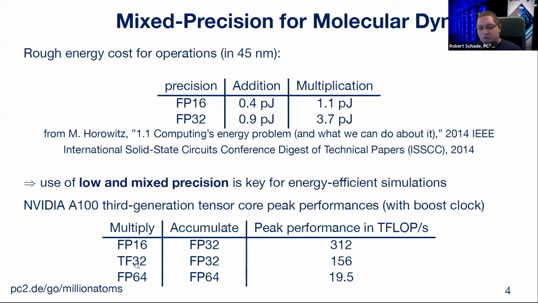If you go to higher precisions like TensorFloat-32, which is similar to single precision, or to double precision, so here FP64, this gets sequentially lower, so that at double precision you end up with a peak of about 20 teraflops. You can see that in order to do these large molecular dynamics calculations, we should care about mixed precision and come up with a way to do calculations with these operations.